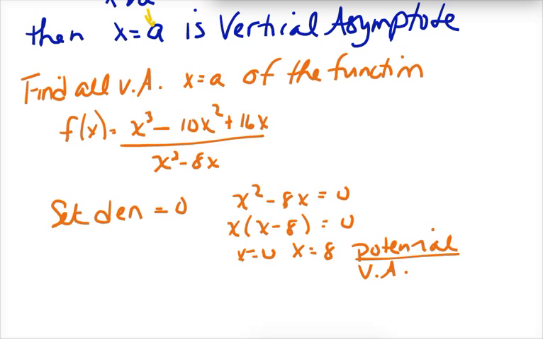And I'm saying the word potential because to really determine if it is a vertical asymptote, you have to look at the limit as x approaches a. So when you set the denominator equal to 0, what you're finding are potential vertical asymptotes. Okay? Potential vertical asymptotes. You need to look at the limit to determine if they really are vertical asymptotes.